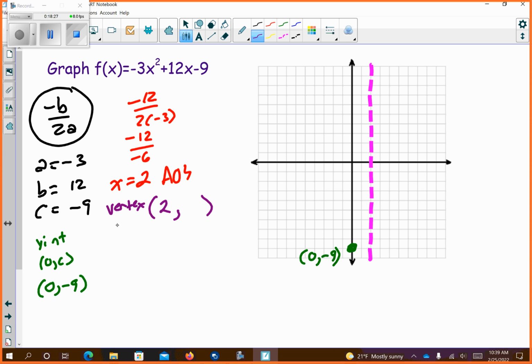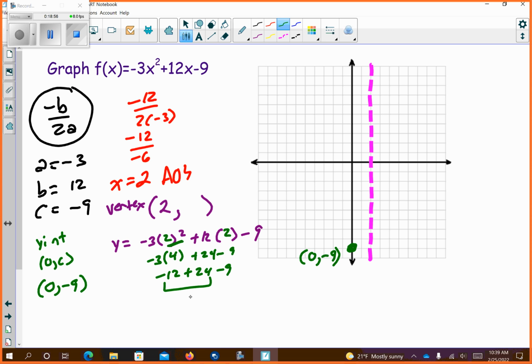Plug it in. So I get y equals negative 3 parentheses 2 plus 12 parentheses minus 9. What used to live in those parentheses? X. What's going to live there now? 2. All right. So 2 squared is 4 times negative 3 plus 24 minus 9. So that's negative 12 plus 24 minus 9.